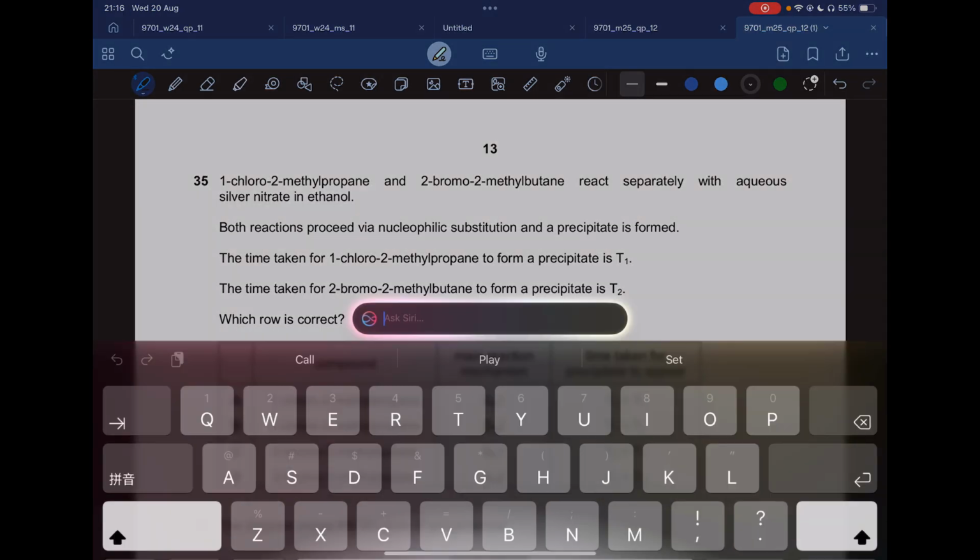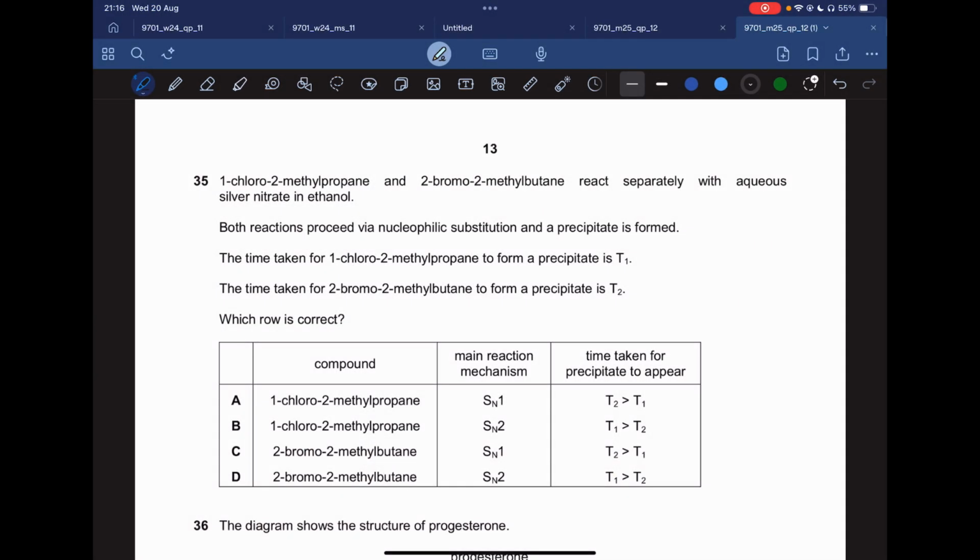So this is 1-chloro-2-methylpropane. Let's just draw it out. It'll make more sense once I draw it out. Propane, 2-methyl, CH3, and we have our Cl on the end.